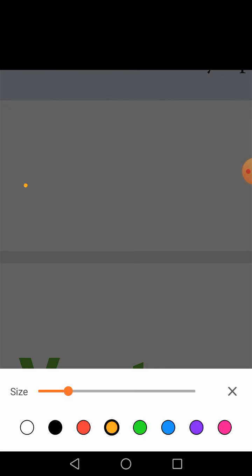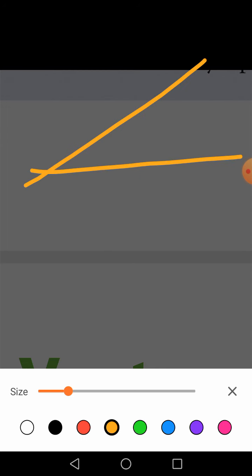So the formula for finding the angle between two vectors is: this is one vector, this is another vector, and the angle between them is theta.